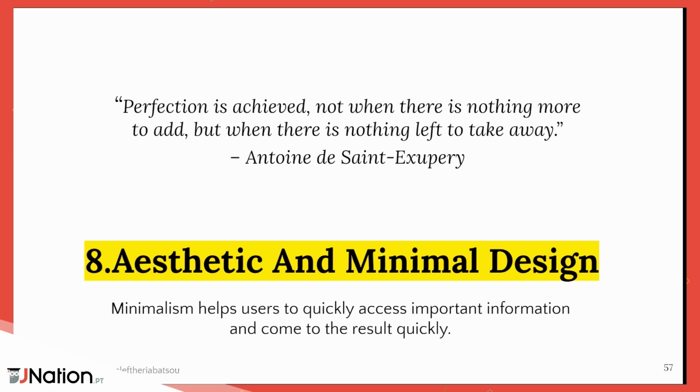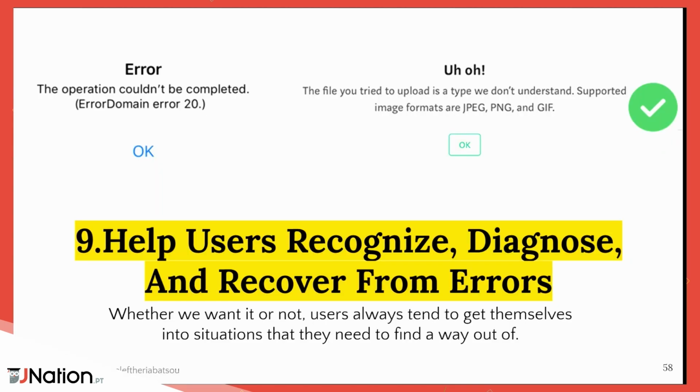Okay, let's move on to our next rule, the 9th one, help users recognize, diagnose, and recover from errors. We already talked a little bit about errors and about mistakes. So whether we want it or not, our users will make mistakes, so help them find those mistakes, recognize that mistake, and then the next time they should probably not do the same thing again.